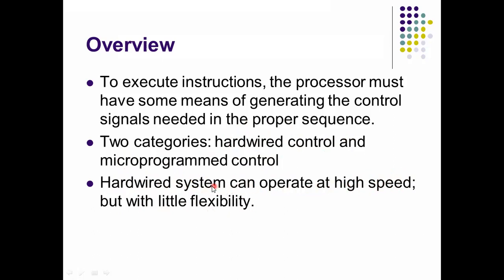Because here we use counters, encoders, decoders and combinational circuits. Totally hardware components are used, so the speed is very high. Combinational circuits are used for the control signals. That's why it has little flexibility.